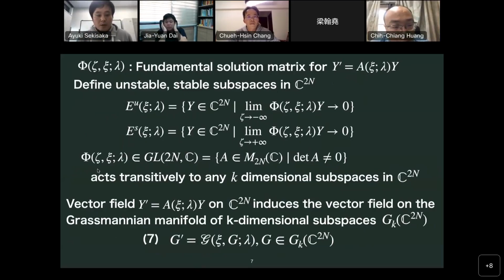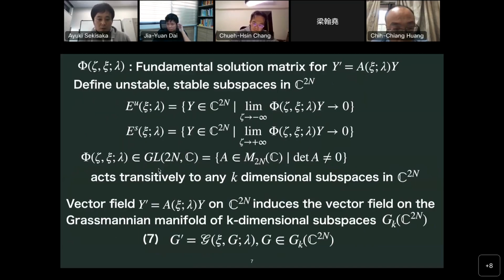So it acts transitively on k-dimensional subspaces of an n-dimensional vector space. It means that a k-dimensional subspace maps to a k-dimensional subspace under phi, because it is in the general linear group.